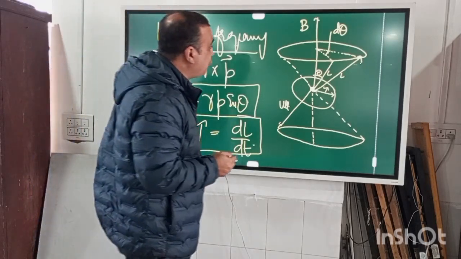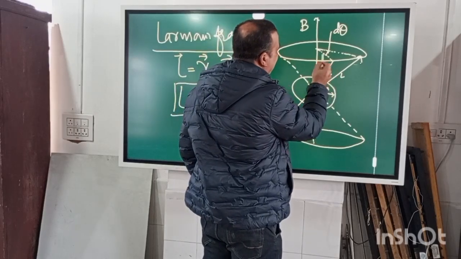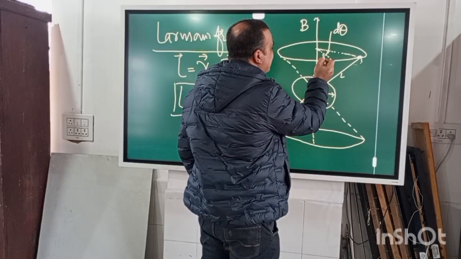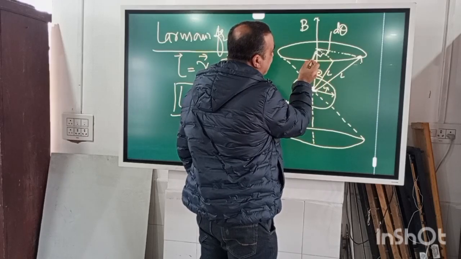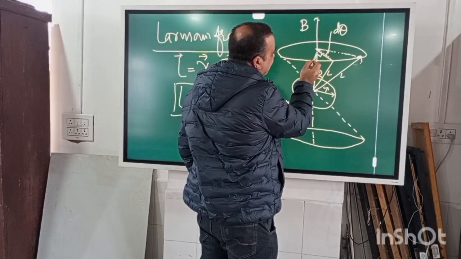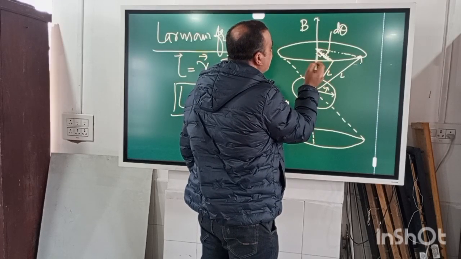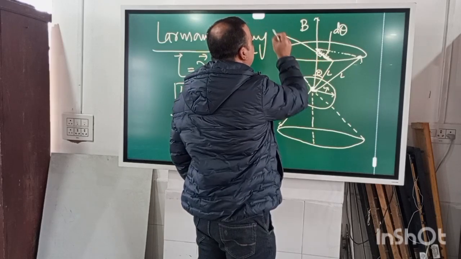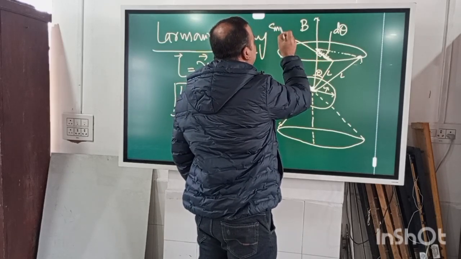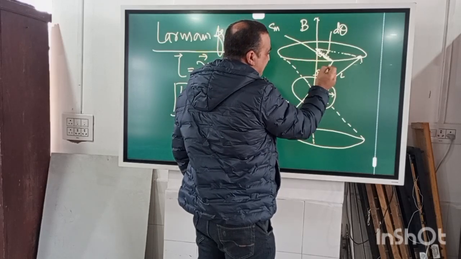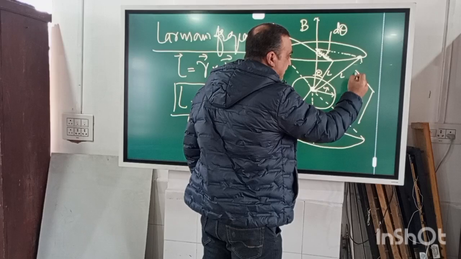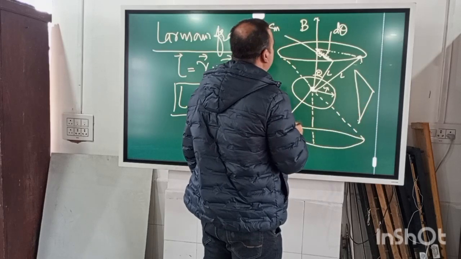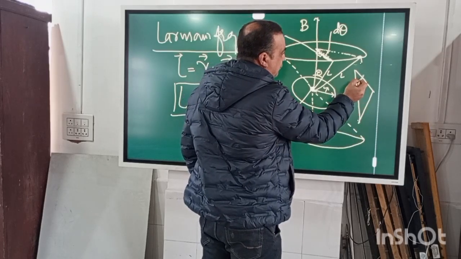Now let's do some more geometry here. This is our 90-degree angle. You have a right angle triangle like this, and you want to measure this length.